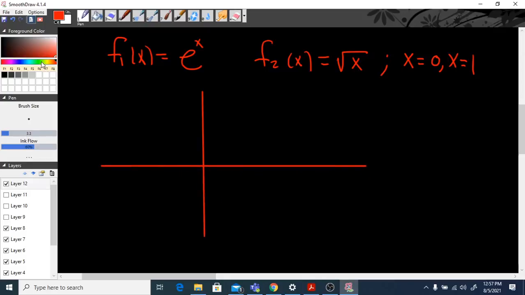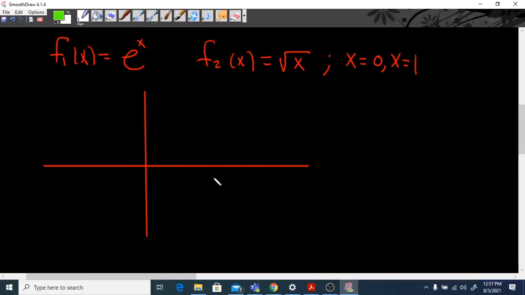So if we graph this, we'll get a pretty good idea of what's going on. e to the x, good old exponential function there. The square root of x. All right, good.